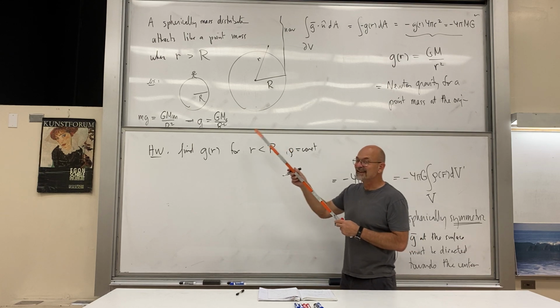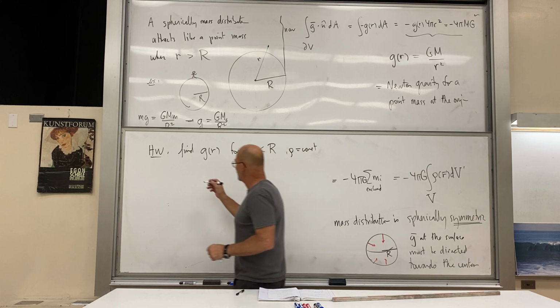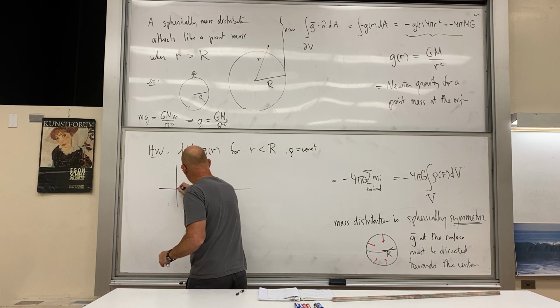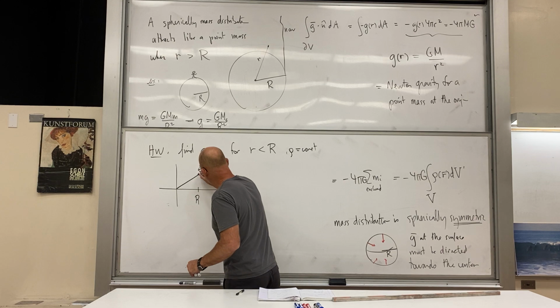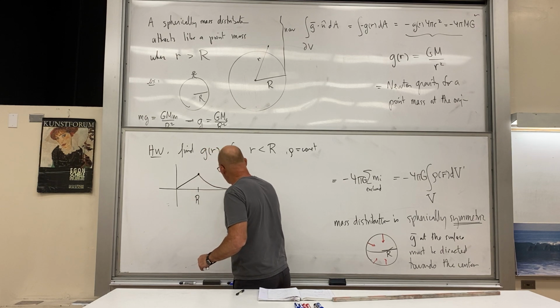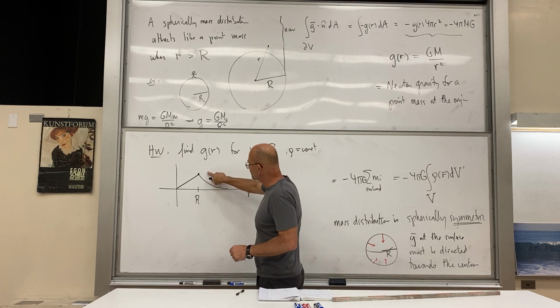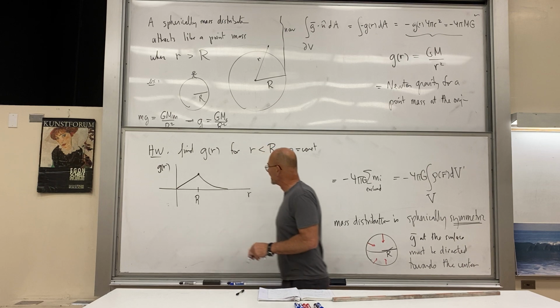You actually find a linear dependence, and when you're out at R, then this value should match this one. Okay, so that is a continuous function here. So the g of r is going to look like that if you put them both together.